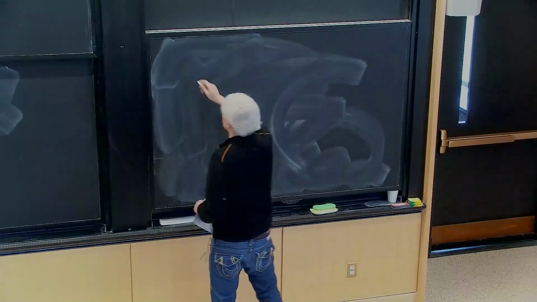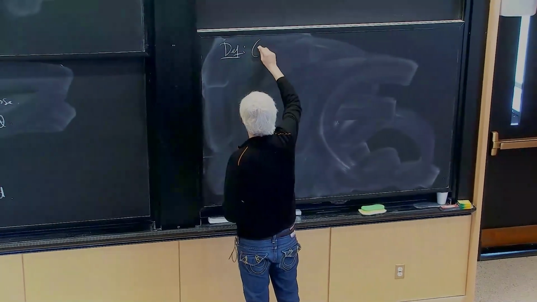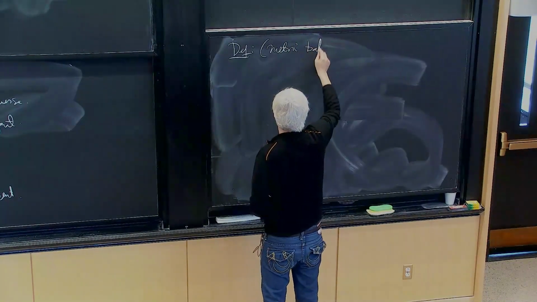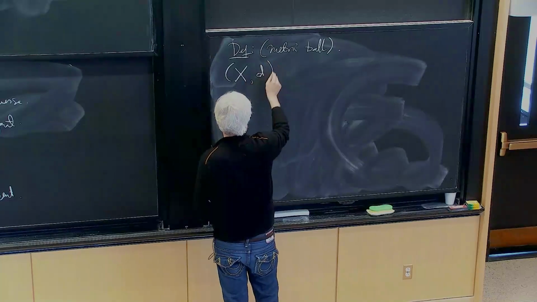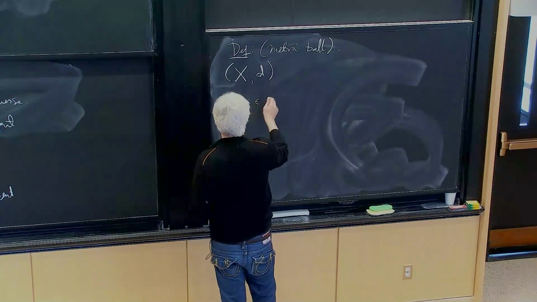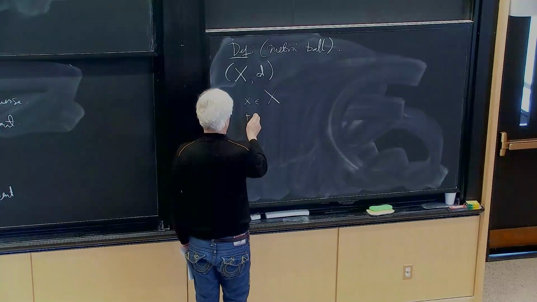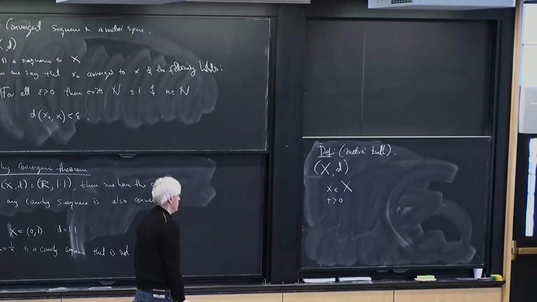So we have a metric space, we have a point x in the metric space, and we have some r, which is a positive real number.